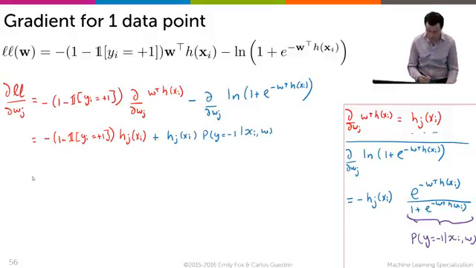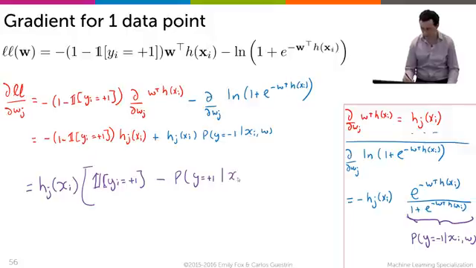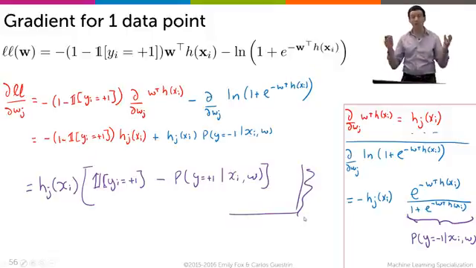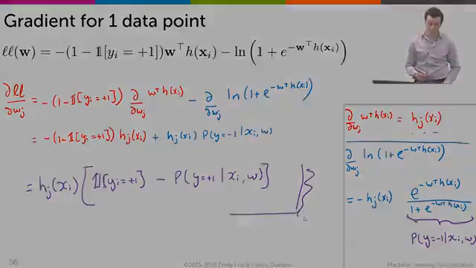But you'll end up with exactly what we're hoping for, which is the derivative of the log likelihood with respect to parameter j is simply hj of xi that multiplies the difference between the indicator that yi is equal to plus 1, so it's a positive example, minus the probability that y is equal to plus 1 given the input xi and the parameters w. And this is exactly what I showed you earlier as what the answer was. So that is really, really cool.